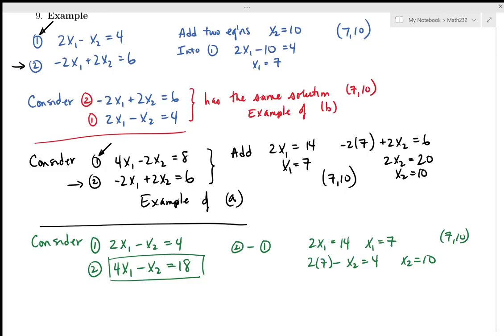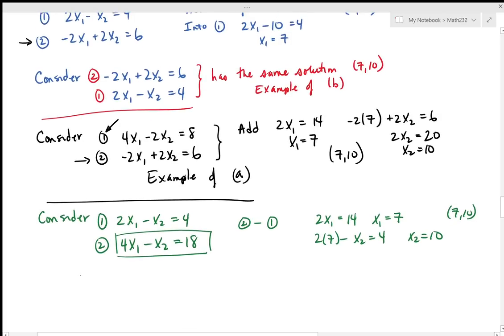I took 3 times this, and then I added it to this. I'm multiplying by 3 the whole thing.